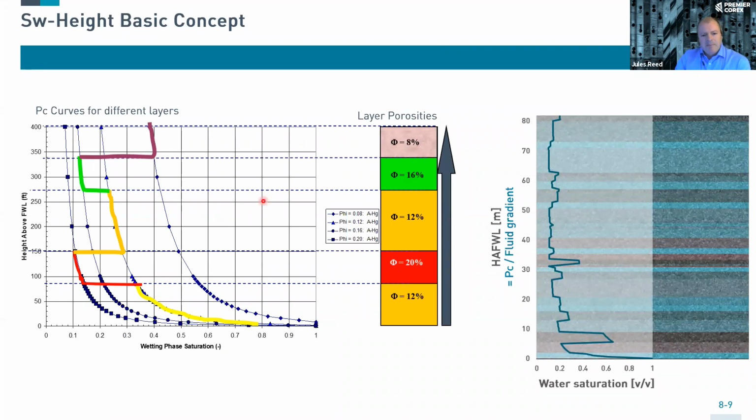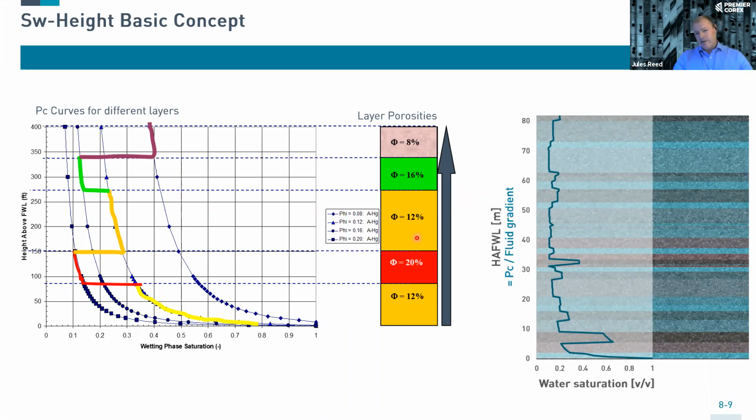So it's a basic concept, and this is what I showed at the end of capillary pressure. What we're attempting to do is build up a picture or an image of our reservoir, looking at these different layers. And in this simplistic case here on the left, we're looking at porosity layers.